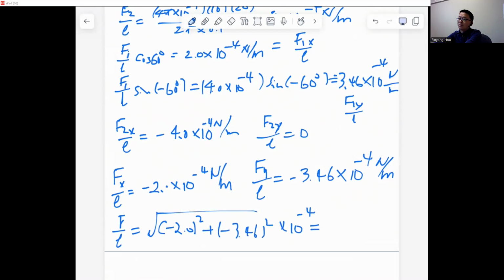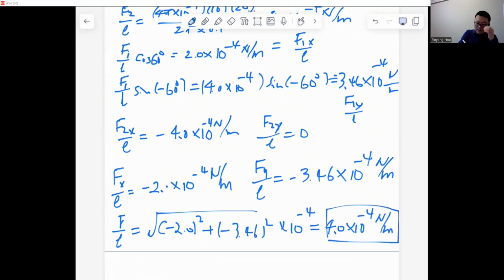And that will give you about 4.0 times 10 to the minus 4 newtons per meter. So that's the magnitude.